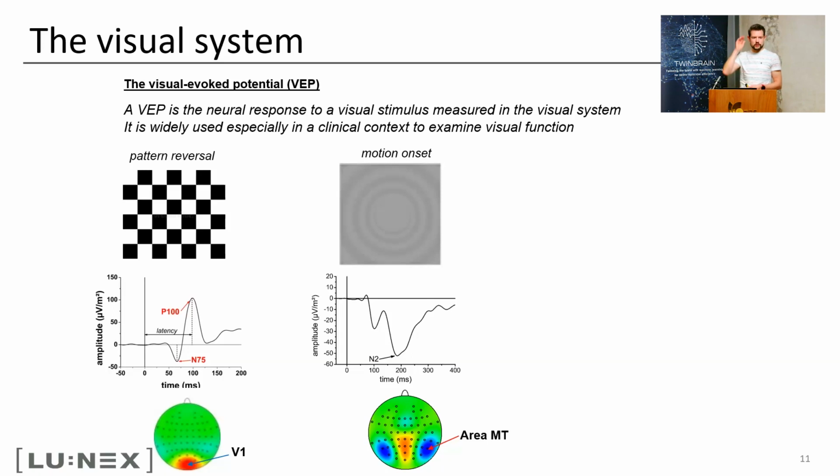You need one electrode, you stimulate, and you see right away if there is, for example, a delay in the potential or a reduction in the amplitude. They did the same with athletes, and the results were very heterogeneous: in some studies there was a difference, in some studies there was not. So there was a lot of confusion about whether there is an adaptation in the visual system.